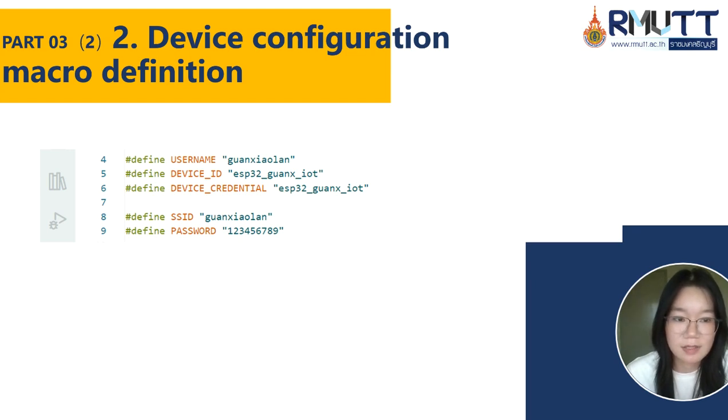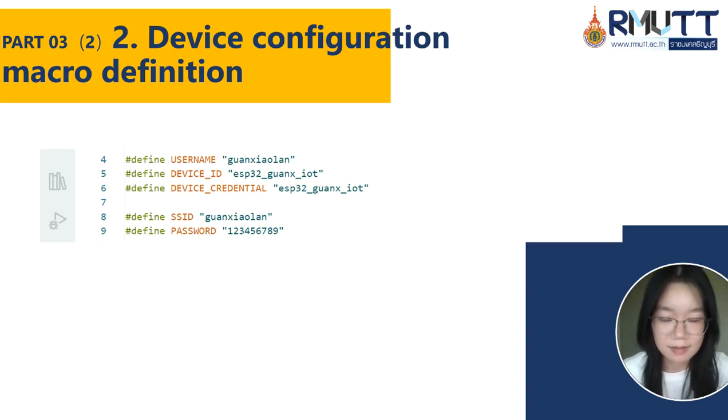Parameters such as username and authentication information are used to connect to SinoPoint View. The Wi-Fi SSID and password are used for Wi-Fi connections. Centrally defined information improves code readability and security.